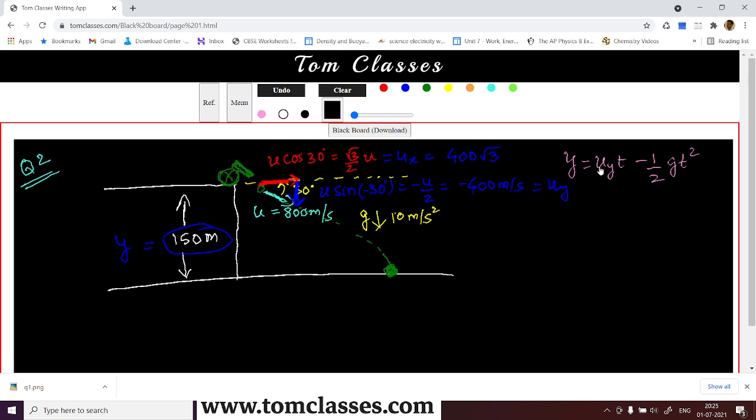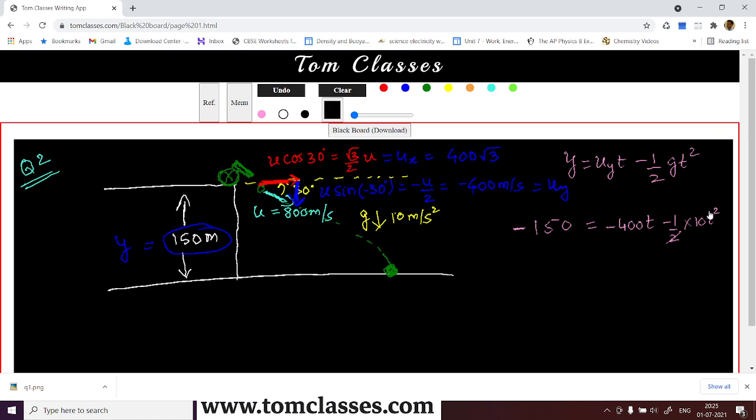So this is 150, and I will keep this as minus, because the sign has been taken care of; the body is moving down. So this is minus 150, and uy is minus 400 t, and then minus half g t square. The equation will be this, with all the variables in terms of t.